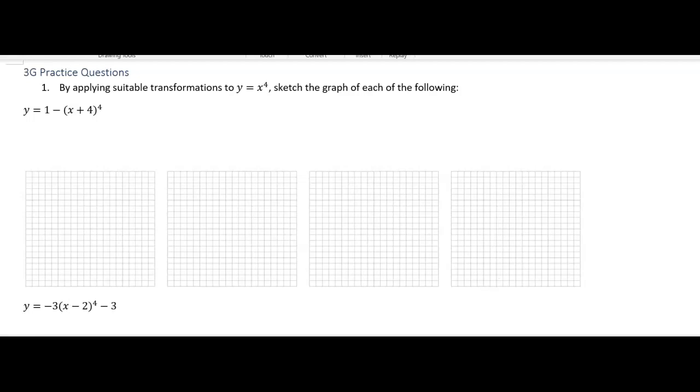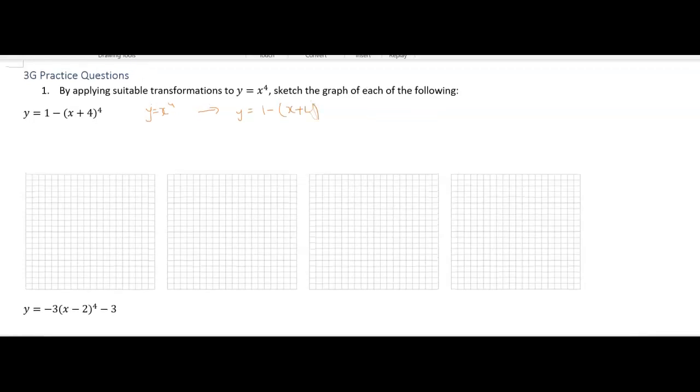All right, we're going from a basic quartic, which is y equals x to the power of 4, and we're transforming it to y equals 1 minus (x plus 4) to the power of 4. Now this equation, if you prefer, you can put that 1 at the end. It's a positive 1, so plus 1.